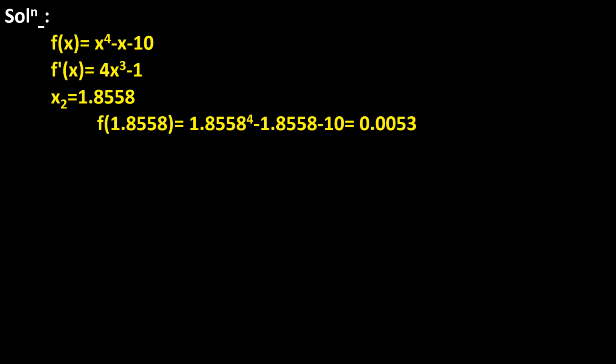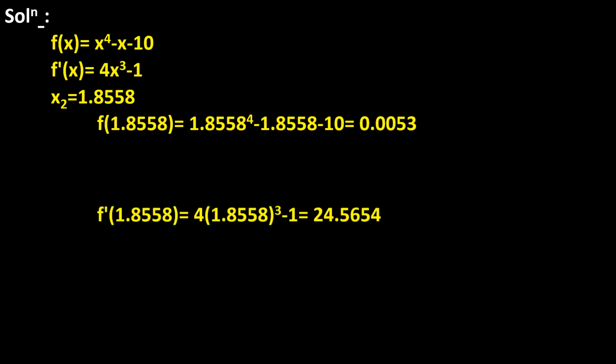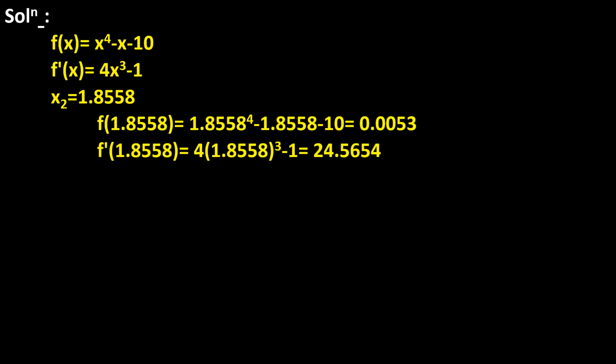The next, f dash of 1.8558 is equal to 4 into 1.8558 cube minus 1, which is equal to 24.5654. This also we get upon truncating or rounding off to 4 digits after the decimal point.